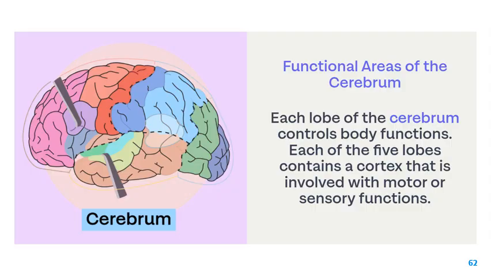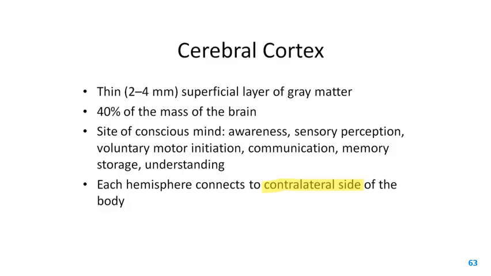Okay. So here we're going to start getting into functional areas. We know that the cerebral cortex, that's your gray matter, is very much important for reasoning, thinking, decision making, anything you can think of is happening at the cortex, but it's actually a very thin area that is very superficial.